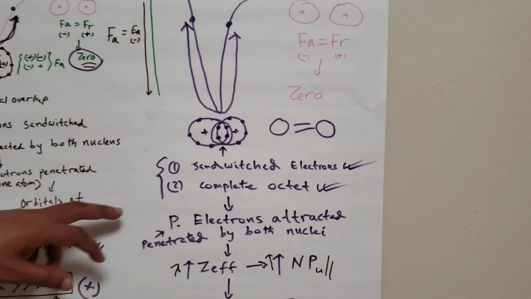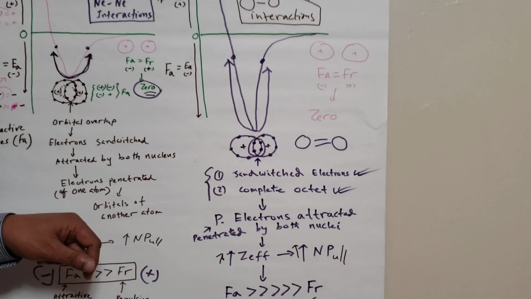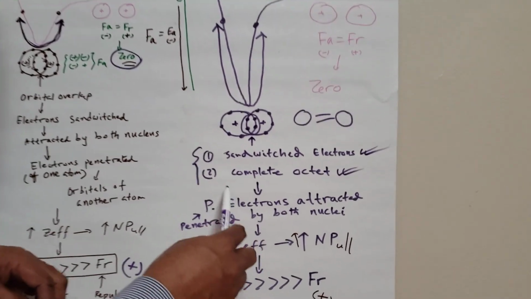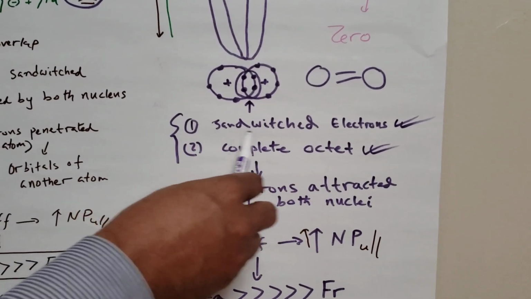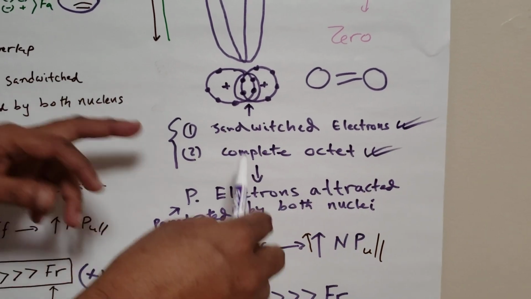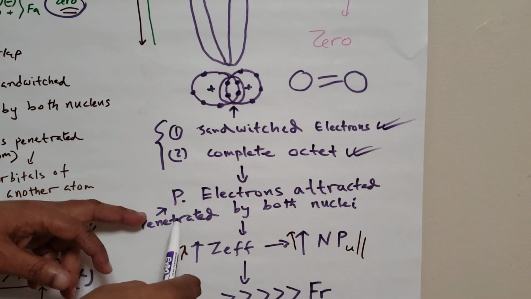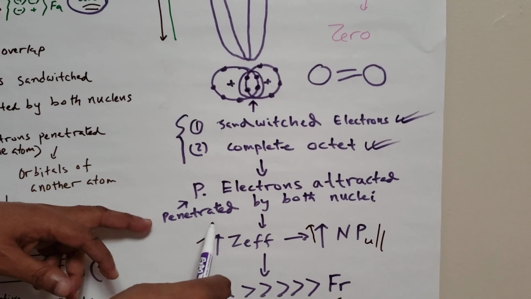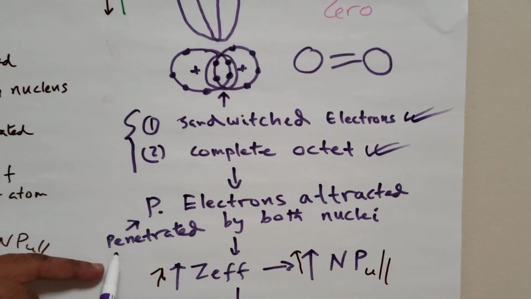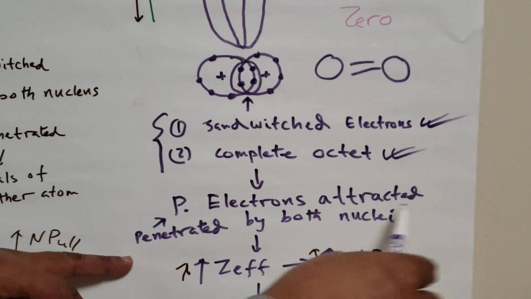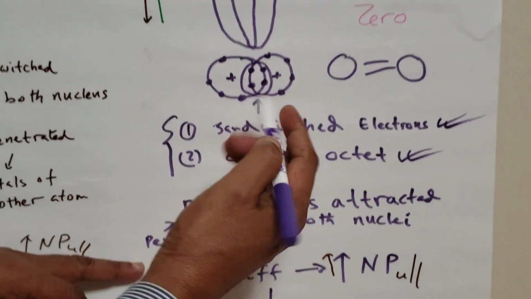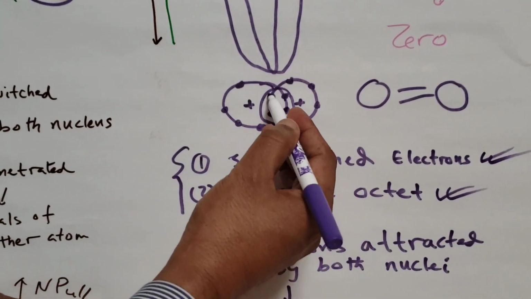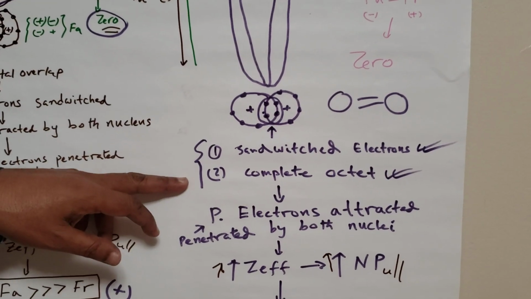This has happened because you have a complete octet and you have sandwich electrons. These collectively give you the penetrated electrons, which are attracted by both nuclei.